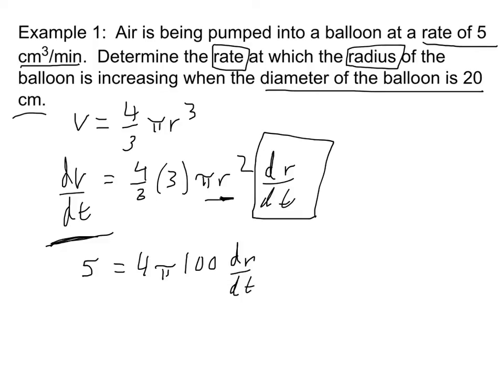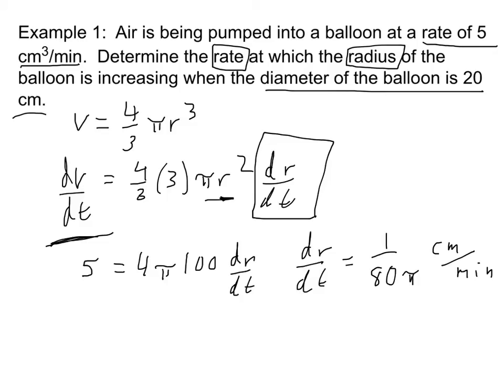Okay, so I can solve this to be dr over dt equals 5 over 400 pi, which would be 1 over 80 pi, and this would be in centimeters per minute.